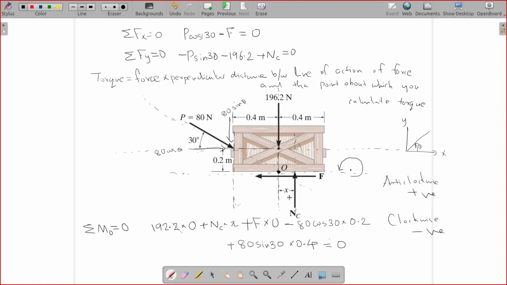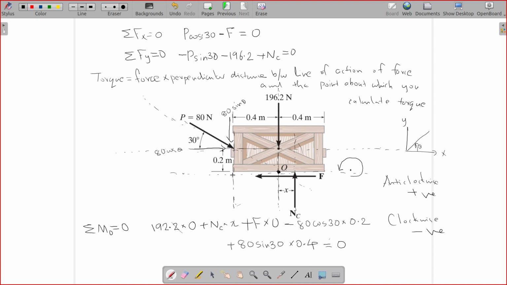What is the maximum value of x possible here for the object? 0.4. Okay, so if you consider this negative and this positive, the maximum value of x possible for this object for practical purposes is 0.4, and the minimum value possible is minus 0.4.